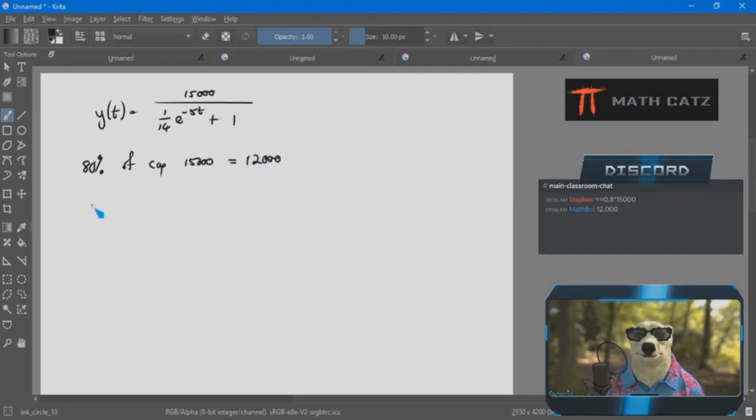So that means we need to solve for t in the equation that we get when we set that equal to 12,000 for y. So we plug in everything, and t is what we are looking to solve.